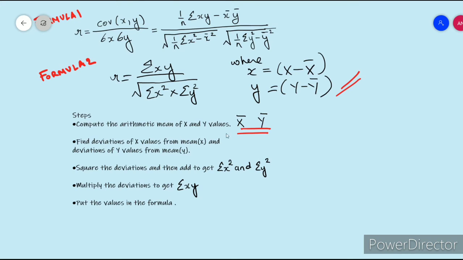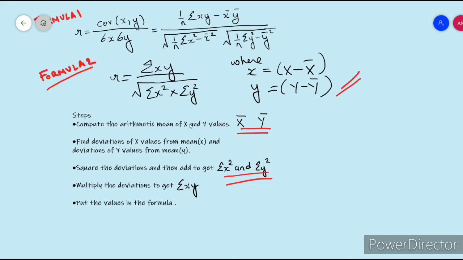So that is the second step. Then you square the deviations, you add them up, and you get summation x square, summation y square, and you multiply the deviations to get summation xy, and you simply substitute it in the formula, which is formula number 2.